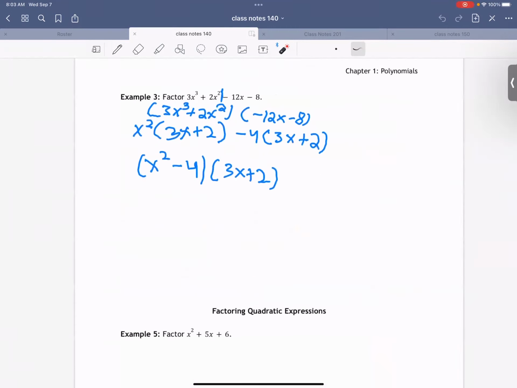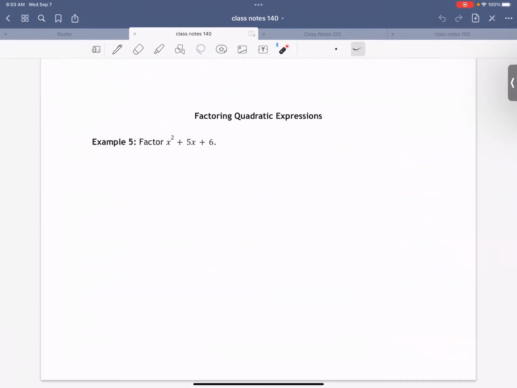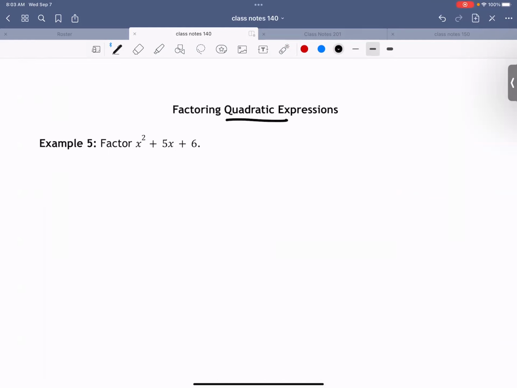Now, unfortunately, most of the times we aren't going to be given polynomials with four terms. We actually mostly look at polynomials with three terms, and we call these quadratic expressions. Anyone know what the word quadratic means? Oh, okay, so when we graph them, it looks like a parabola, good. And what do the equations look like with quadratics?